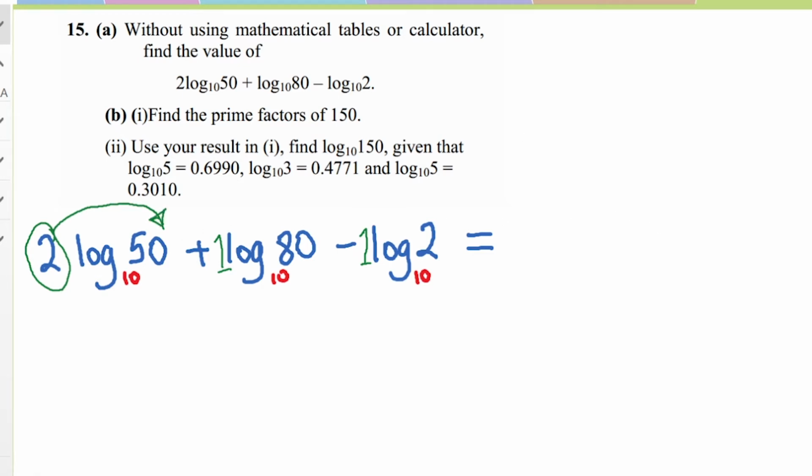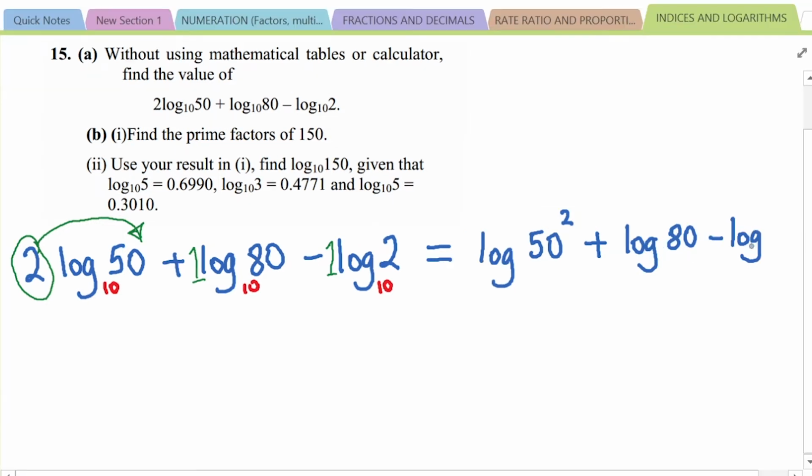So it's going to become the log to base 10 of 50 squared, plus the log to base 10 of 80, minus log of 2 to the base 10.